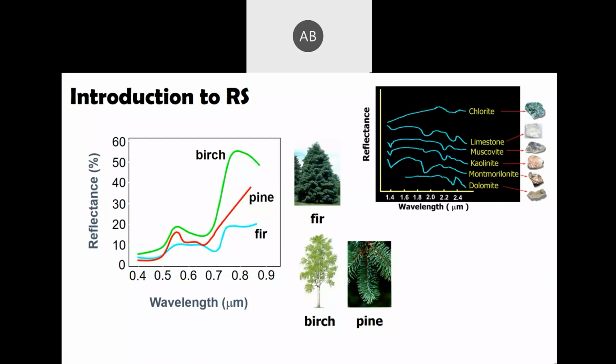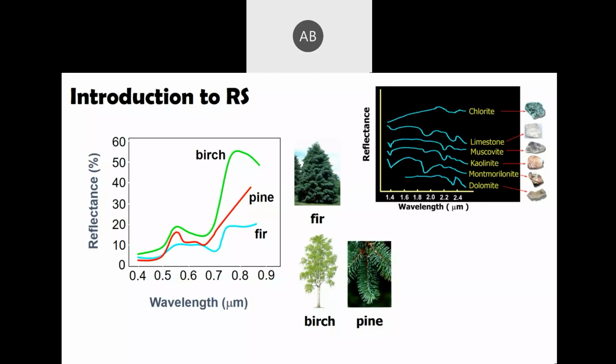So if you know that signature, then you can say for certain, or with a fair level of accuracy, that it is that particular object, even from a distance of 800 kilometers.